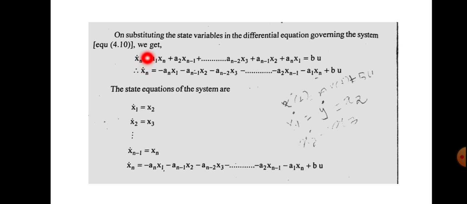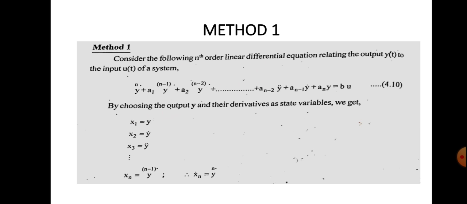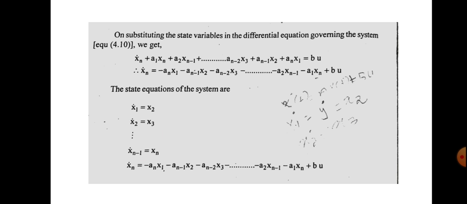Finally we will get xn dot, which will be equal to b into u, where u is the input. So we can isolate this term, taking all other terms to the right side of the equal sign. From this equation you will get the state equations. Here you know that x1 equal to y, and y dot equal to x2. See, what is y dot?